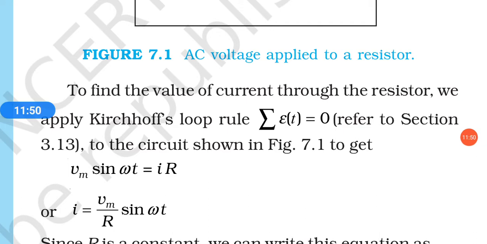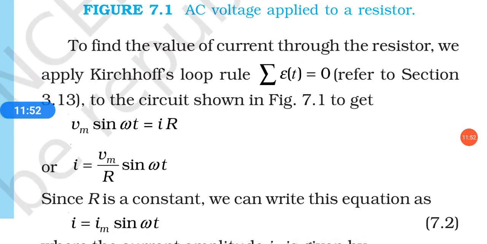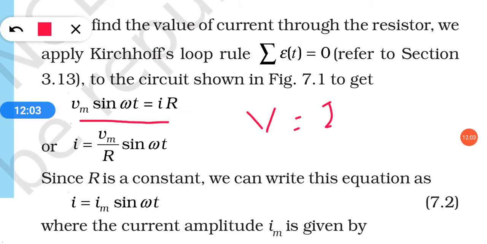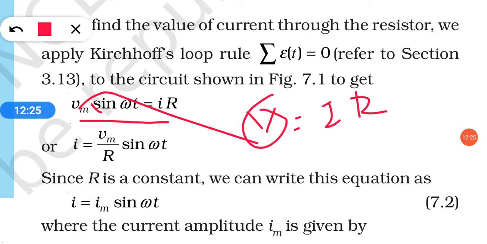From the circuit in the figure, we know V equals I into R. Since V equals Vm sine omega t, we get Vm sine omega t equals small i R.